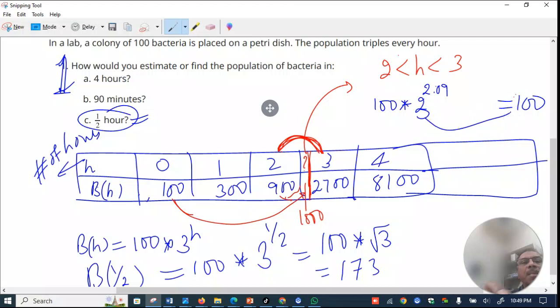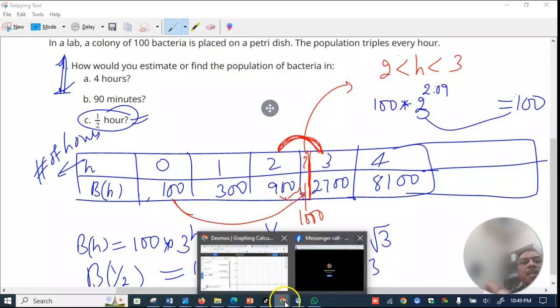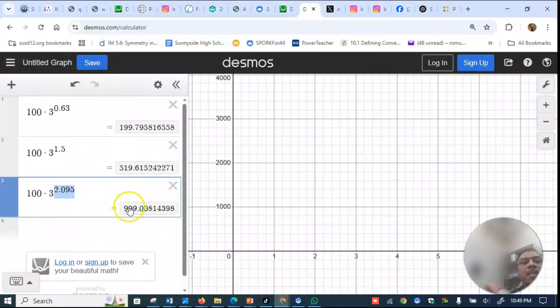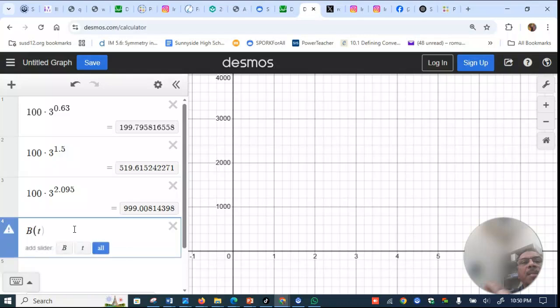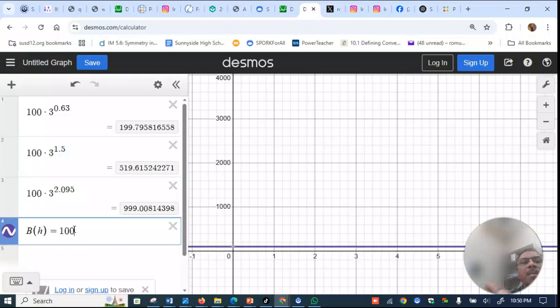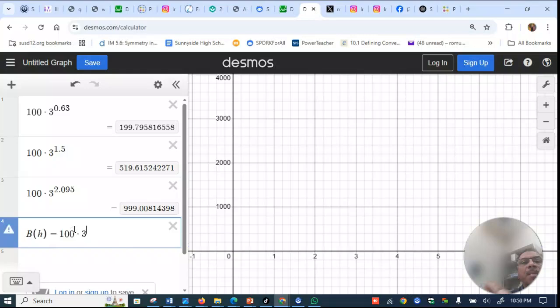So one is you can do this way also, but you can also use the Desmos calculator to make a function. So B of h equals 100 times 3 raised to the power h.